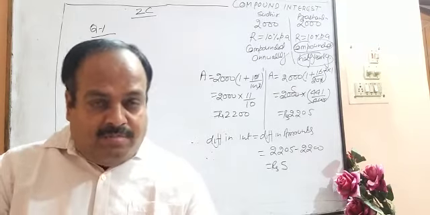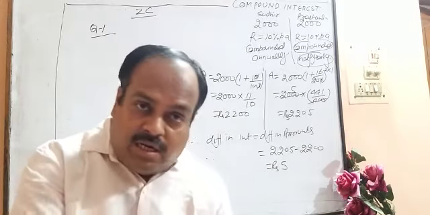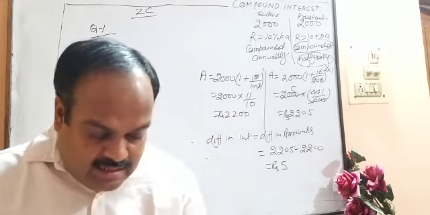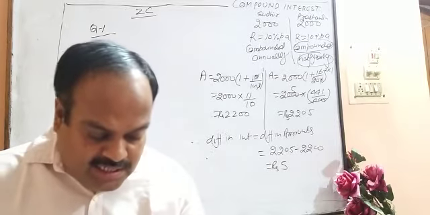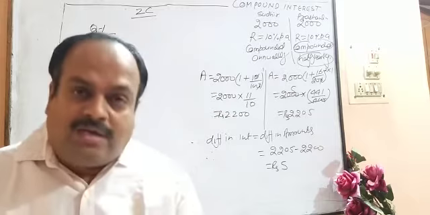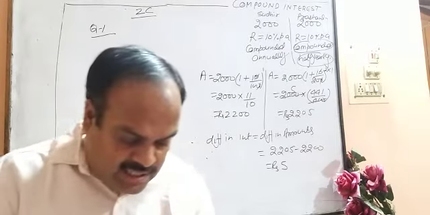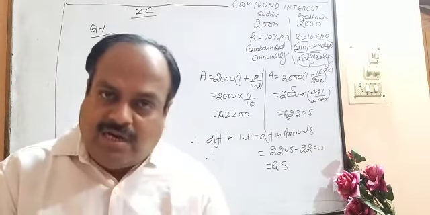You will be confused if you don't read the question carefully. What amount of money should Mohan invest in a bank in order to get 1,323 rupees in 2 years at 5% compounded annually?